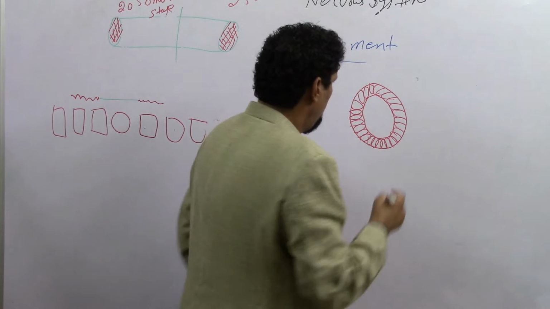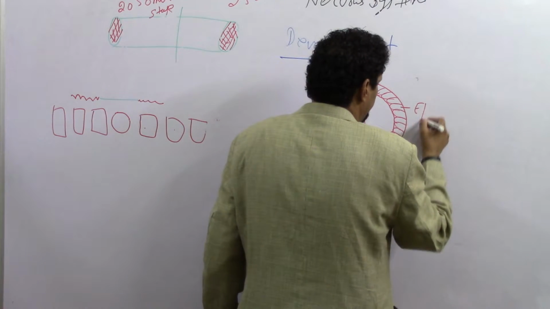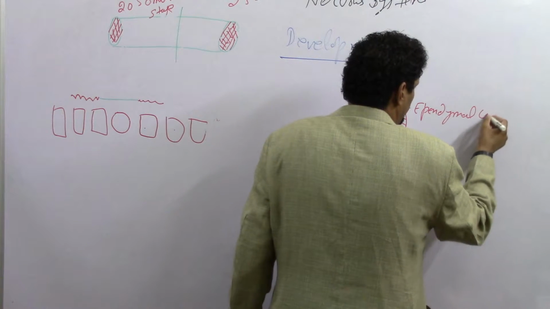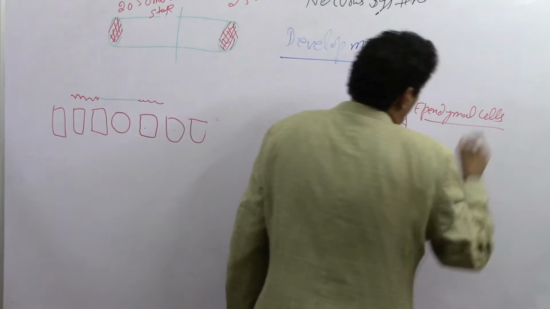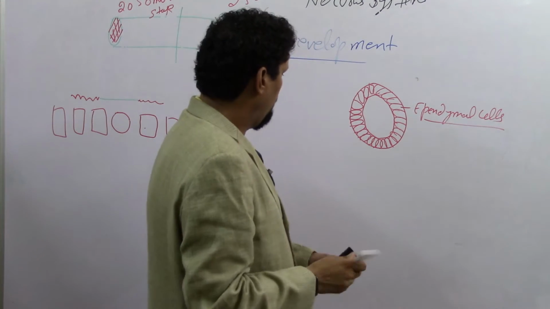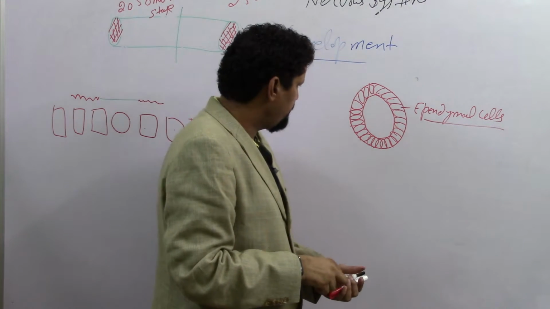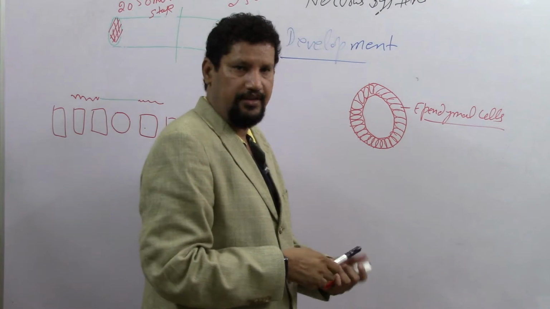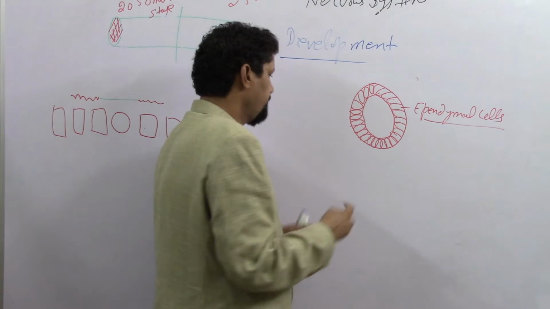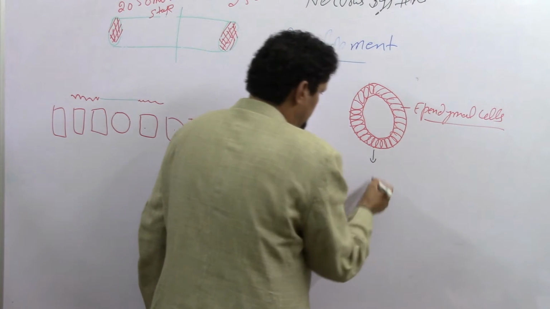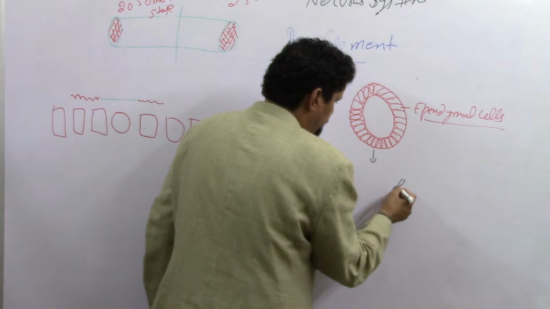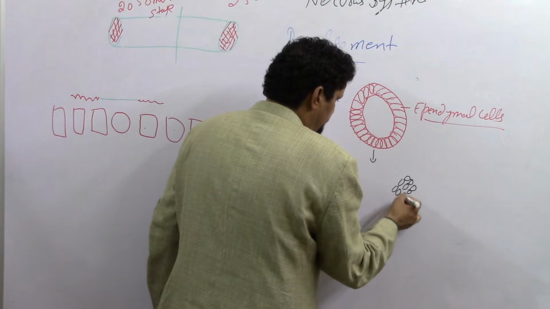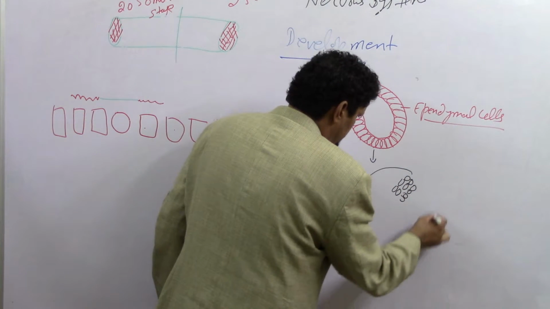These cells are known as ependymal cells. These ependymal cells will form pseudo-stratified cells, and as time passes by, these cells will form stratified cells.